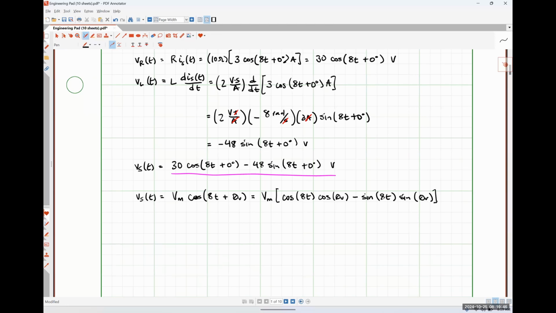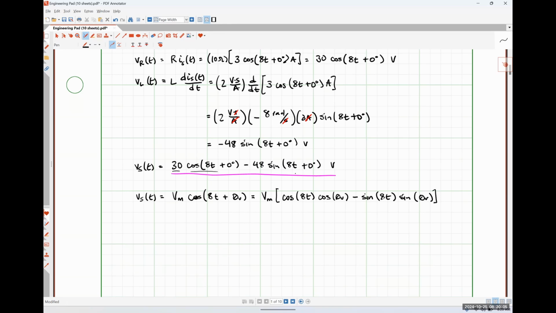So I already kind of sort of have it in this form, right? I can see that I have some magnitude times a cosine function with a phase angle of 0, and then some magnitude times a sine function with a phase angle of 0, okay?